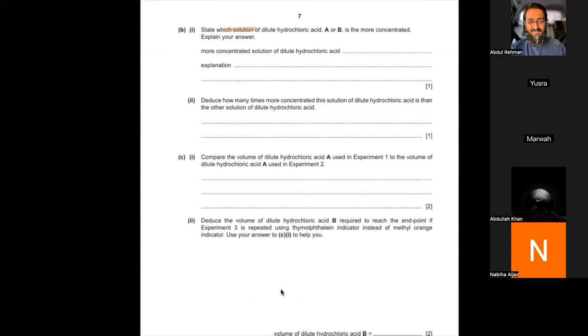Next, state which solution of dilute hydrochloric acid A or B is more concentrated. Explain your answer. First try to understand this term: more concentrated means having more moles in the same volume, right?